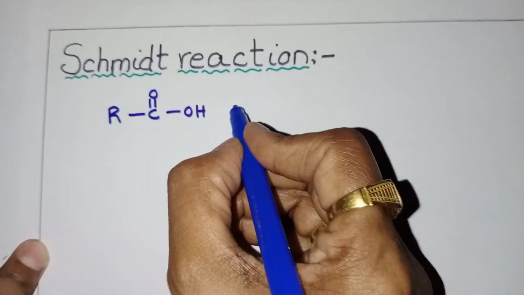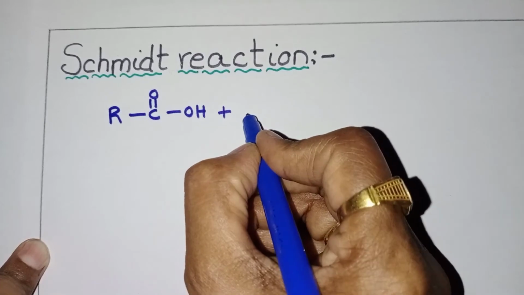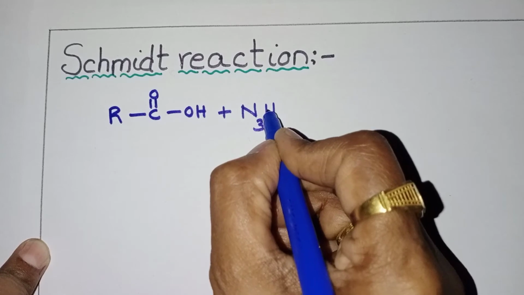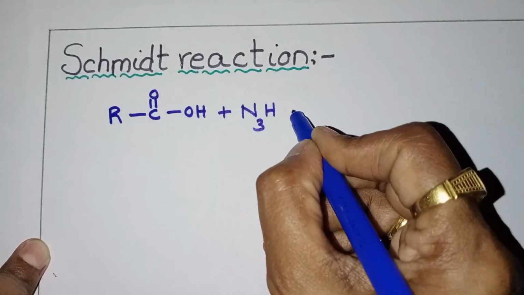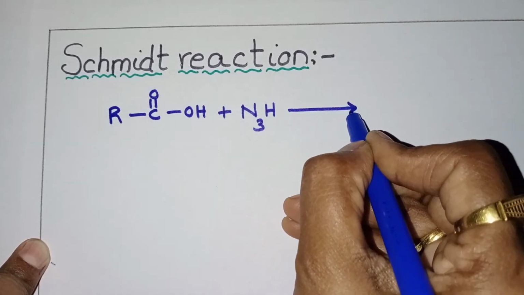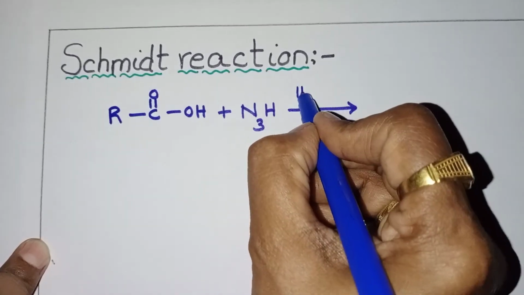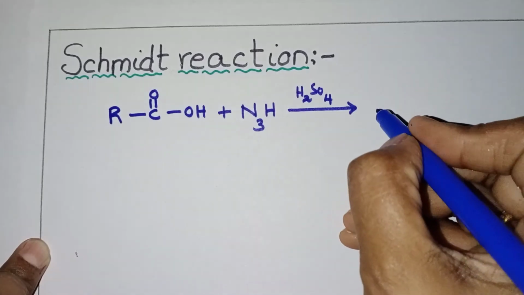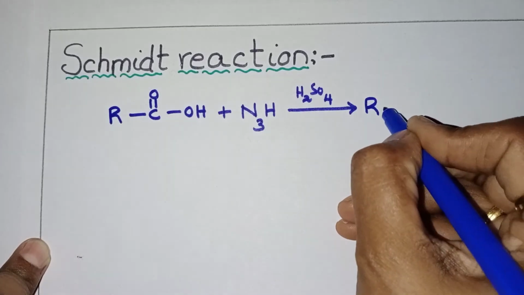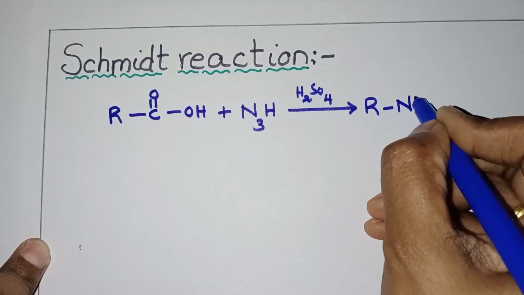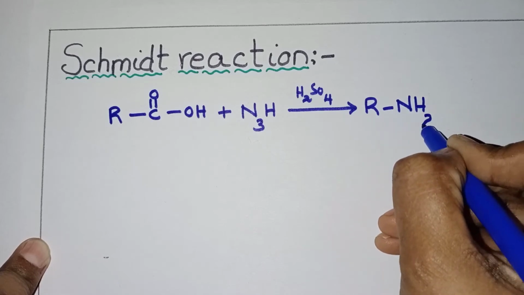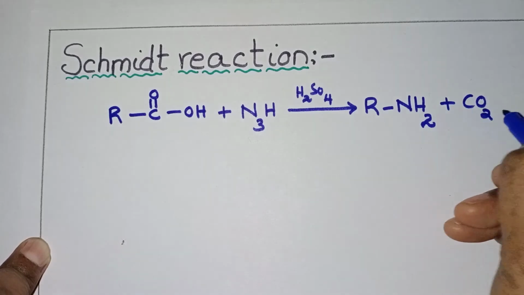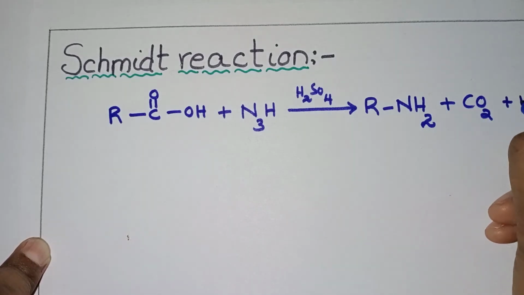Now, when carboxylic acids react with hydrazoic acid, whose formula is N3H, in the presence of H2SO4, they give amines. The general formula of amines is RNH2, plus CO2 plus N2.